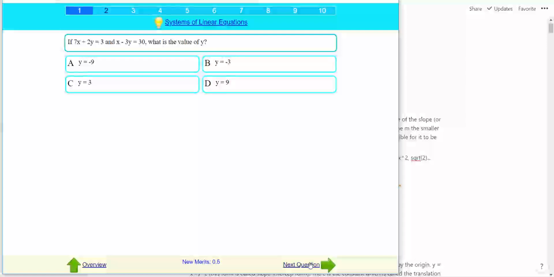Oh, probably I have done something wrong. We know the equation is x minus 3y equals 30. Right? Yeah.